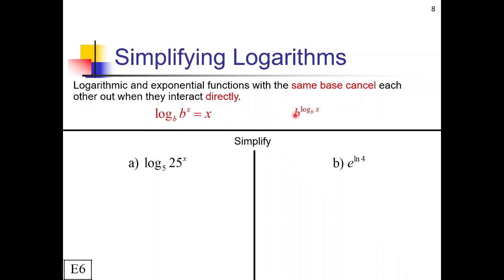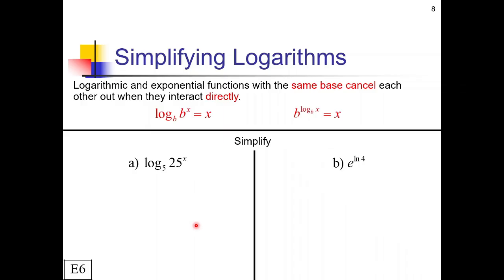Well, if I raise b to the number I have to raise b to in order to get x, I get x. So basically, when you have a base to a log with the same base, those cancel each other out as well, and you get whatever was inside the logarithm. So using that concept, see if you can figure out how to untangle these two problems down here.